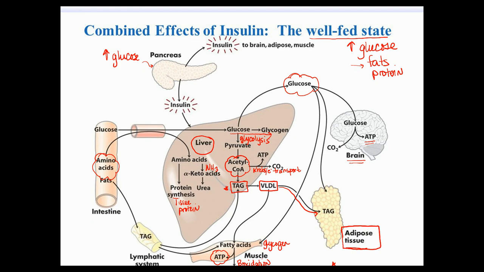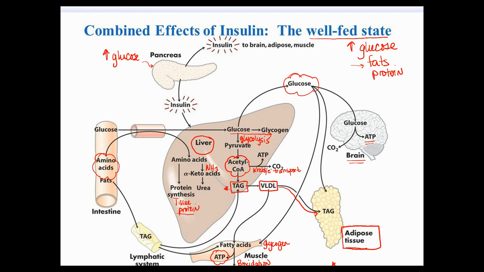So our well-fed state is important because after we eat a meal, all our key players, glucose, amino acids, and fats, will play a role. But I want you to notice, really important, that amino acids and proteins in the well-fed state will be for tissue protein. If you notice in this diagram, it's not concerned with them as an energy source because we would be relying on glucose and fats.